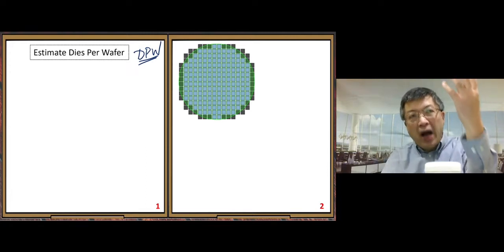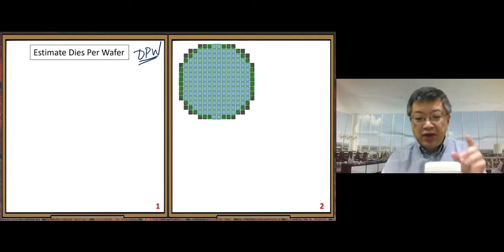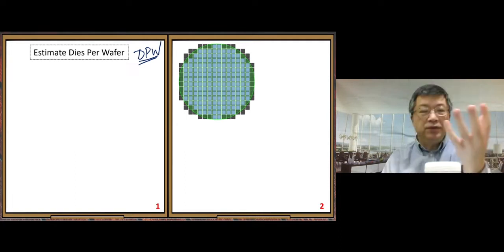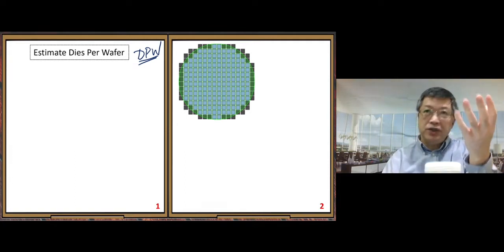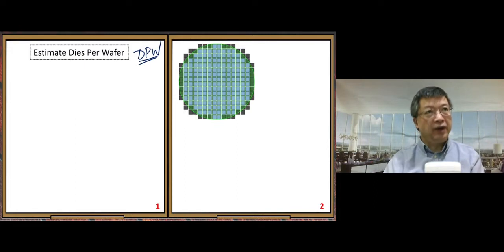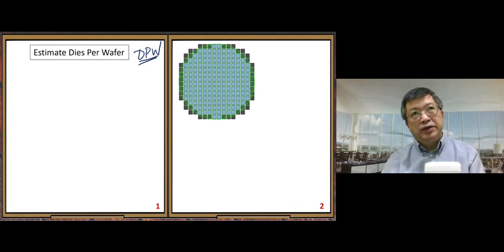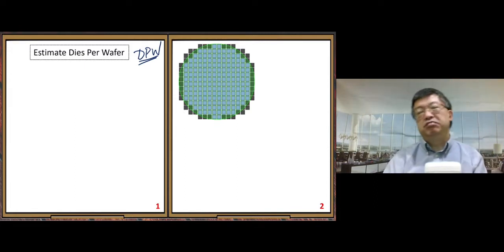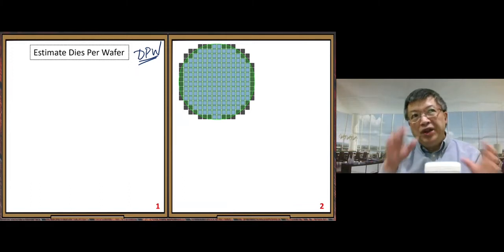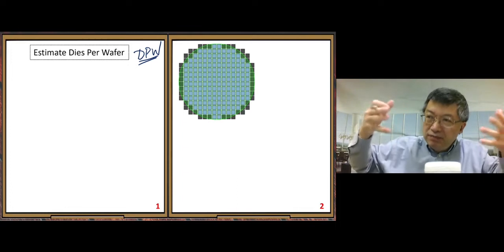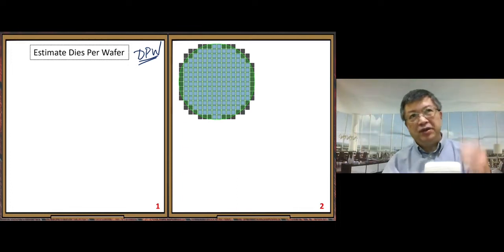But for a die, from this picture you can see it is a square, but the real die usually is not a square. It is a rectangle. So later we need to factor that difference into the estimate.